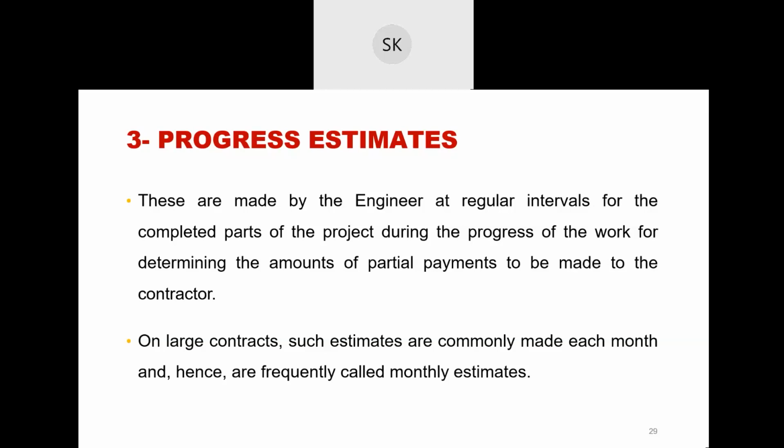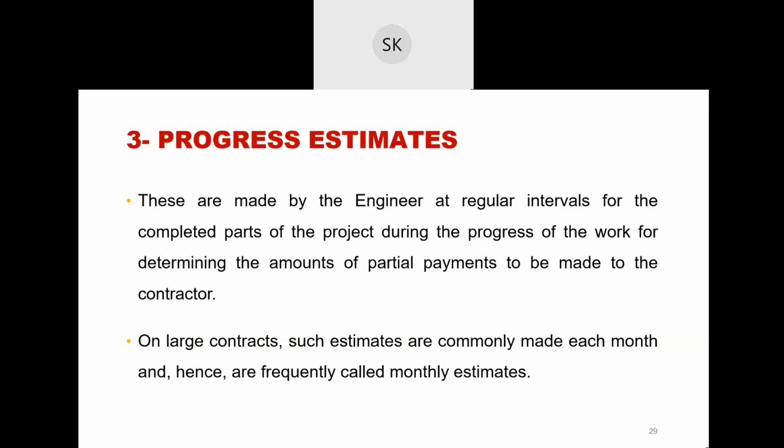Suppose you are constructing a 7 kilometer road, or a 10-15 kilometer road, it will take time, right? Suppose it takes you 1 year. In 1 year, the contractor cannot spend all his money on the same road, so bills are paid in intervals.